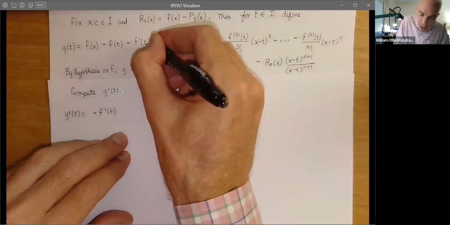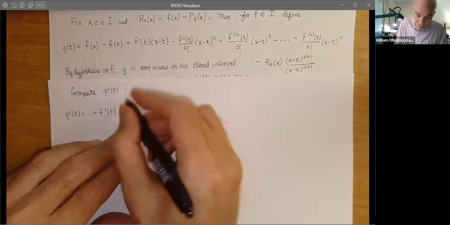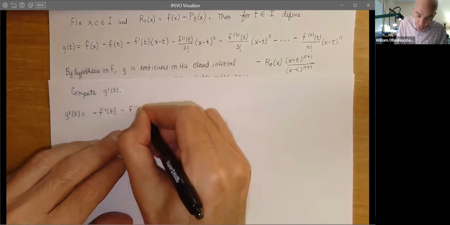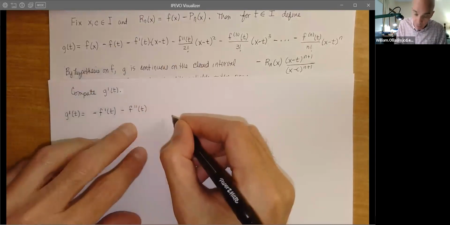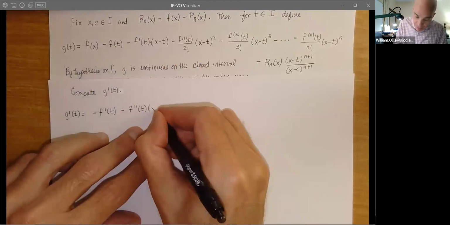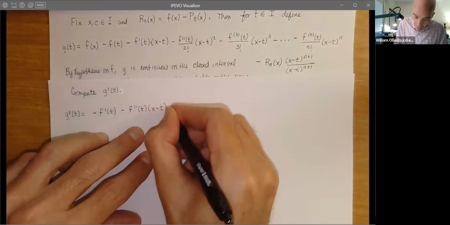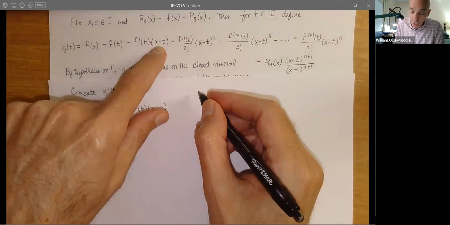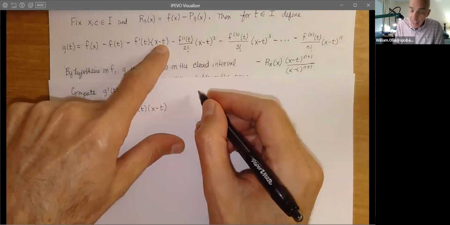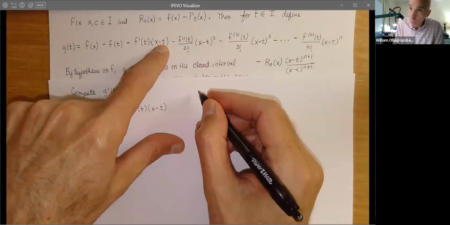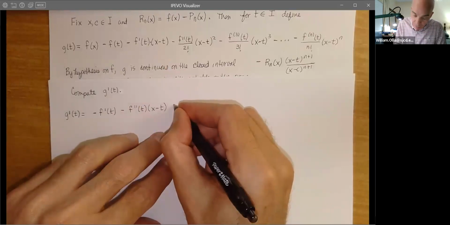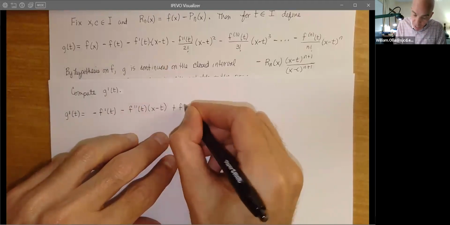Now we've got the little dot here, so we've got the product rule. So we get minus f double prime, take the derivative of f prime, we get f double prime, times x minus t. And now we leave this alone and take the derivative here. But notice we've got a negative. So we've got -1. So basically at this point, we just get negative. So we get plus f prime of t.